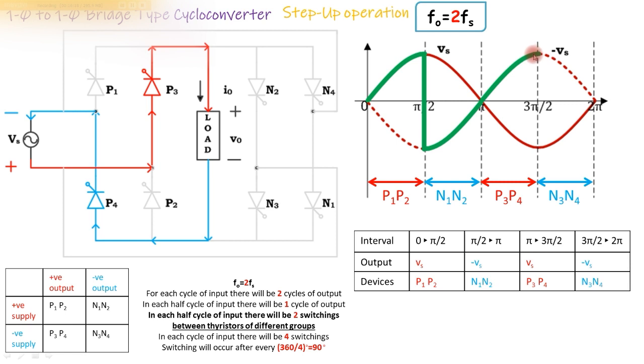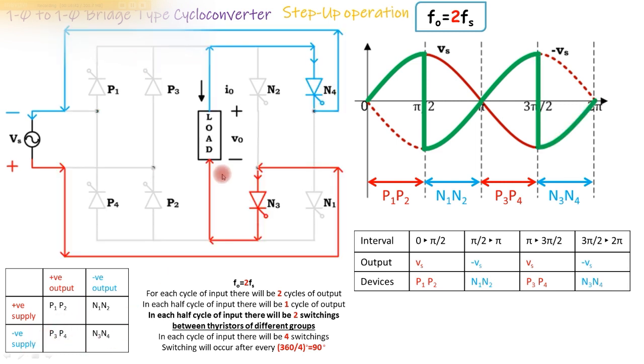And in the last interval, we have to perform another switching. In this case, to complete another cycle of output, we have to obtain negative output. Since a negative output is to be obtained, and the supply is also negative, we fire thyristors N3 and N4. In that case, recall from the last video, the output will be negative.